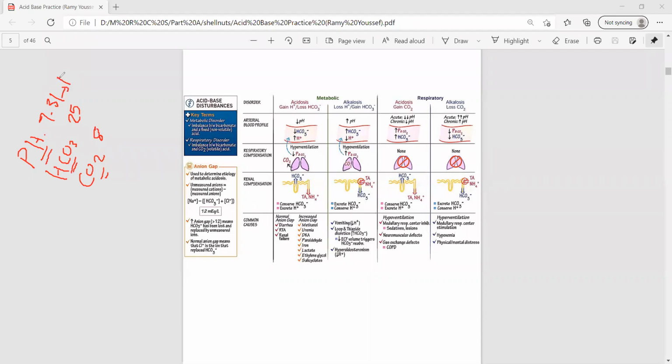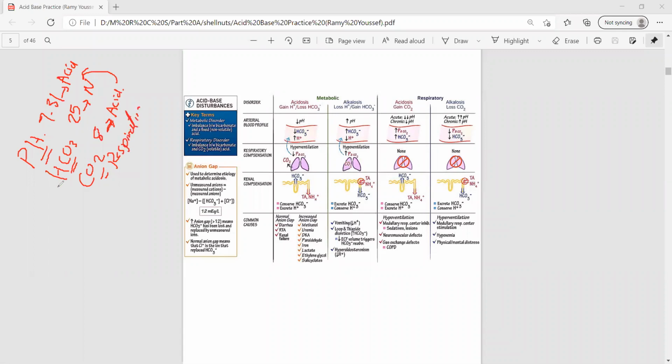Acidotic. HCO3 here? Normal. CO2 here? Acidotic. So what is this problem? Respiratory acidosis.